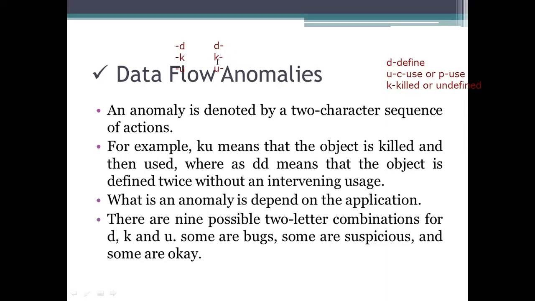When you are using a two-character anomaly, what it means if it is KU, you have killed one object, and then you are trying to use that object. If you specify DD, you define an object, and again you are defining the object, and you didn't use that object before redefining it.